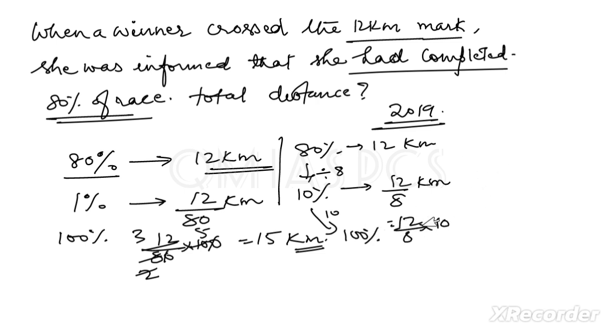Same thing we will get. It will be 2, it will be 3, and this will be 5. Now it is 15 kilometer. And if you want to solve based on the x value, you can try that method. I have just solved based on the unitary method, right? So I think I have completed this chapter completely.